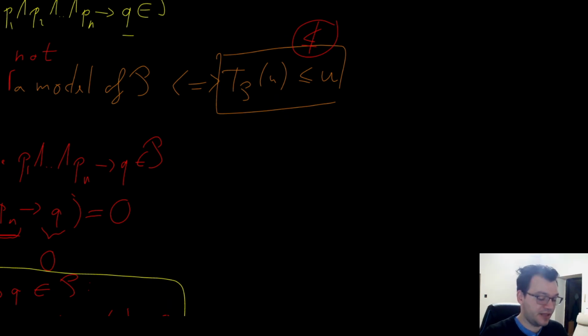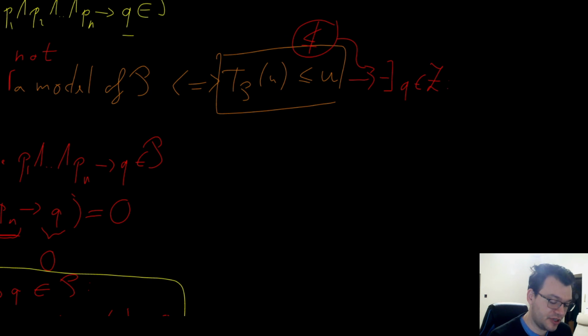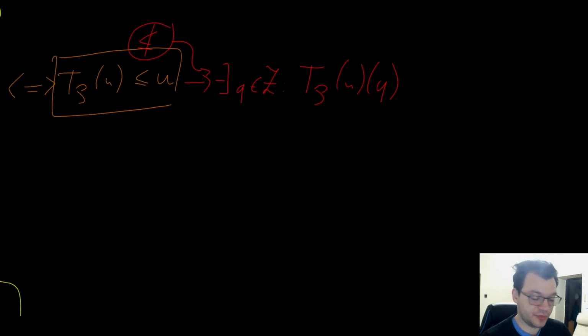So it can happen only in that case where there is a variable on which T_P(U) is strictly larger than U. So this means that there is some Q for which T_P(U) of Q is not smaller than or equal to U of Q.